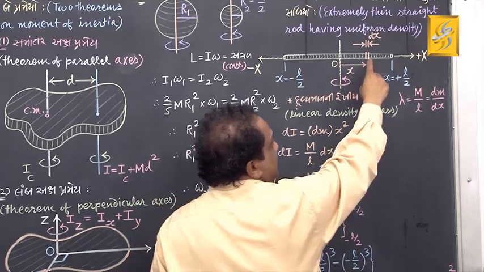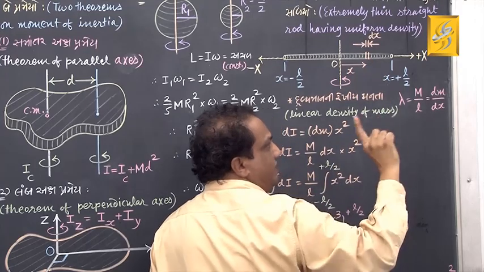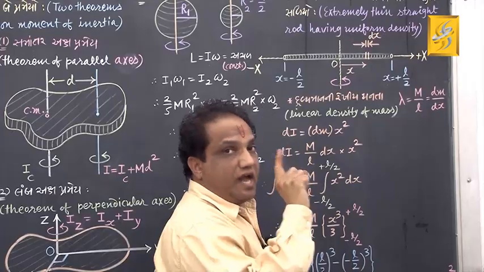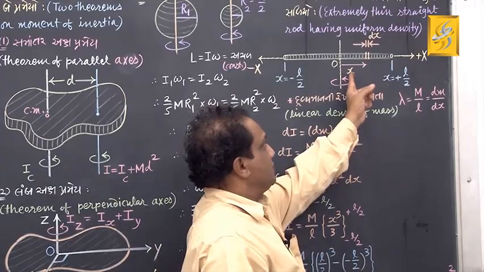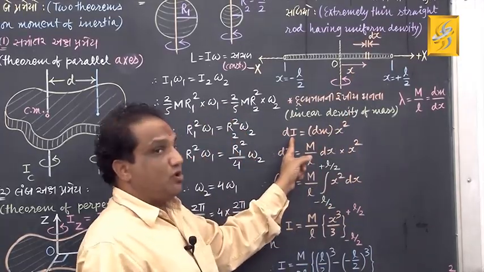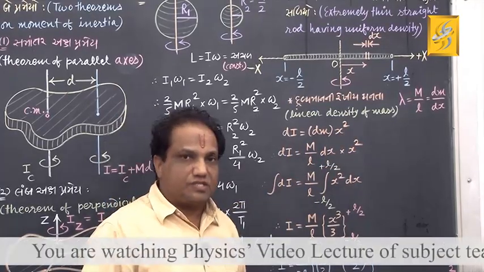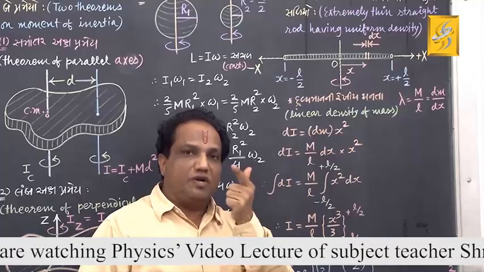If this can be taken as a single particle, then you know whenever any single particle is rotating about an axis of rotation at perpendicular distance x, say, then its moment of inertia about that axis is mass into square of perpendicular distance.